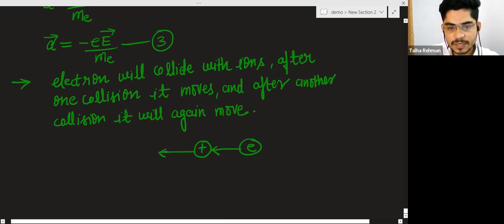So from here the electron will move away again, and after this the electron will again collide with an ion. There are ions also. Okay, have you understood now?